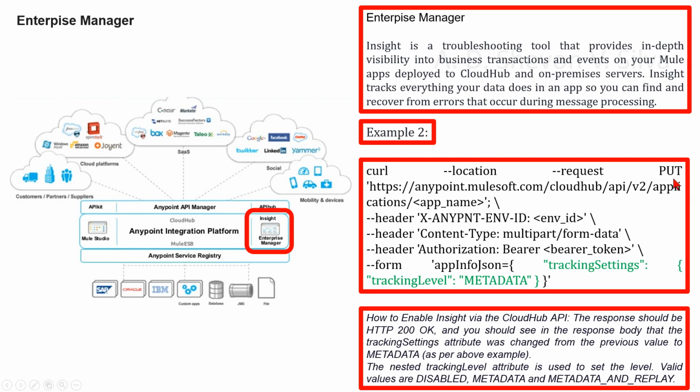And this is a PUT request. The response should be HTTP 200 OK, and you should see in the response body that the tracking settings attribute was changed from the previous one. In the tracking settings attributes, the tracking level is metadata.